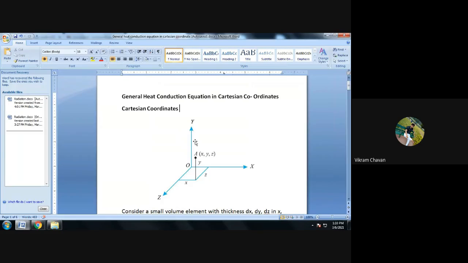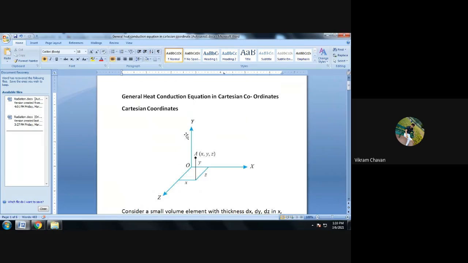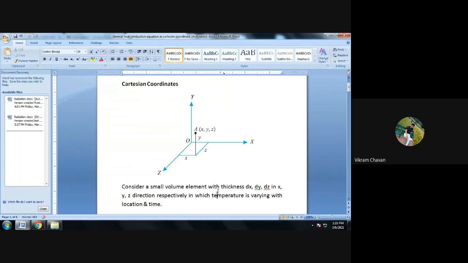Okay, then now the actual derivation about this Cartesian coordinate system, the general heat conduction equation in a Cartesian coordinate system, we are going to understand this equation in this particular lecture.